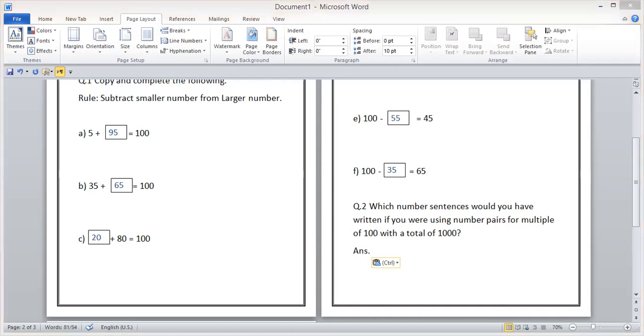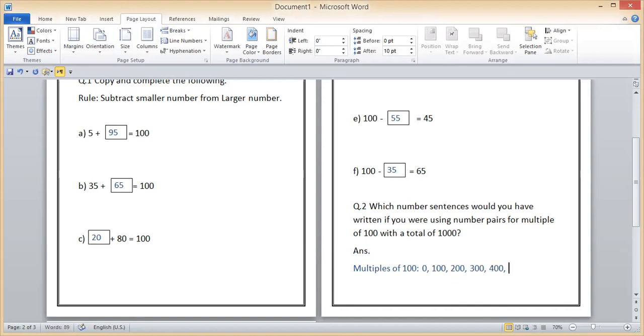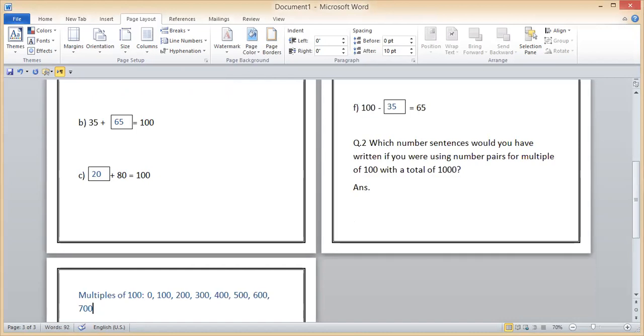Multiples of 100 are 0, then 0 plus 100, 100, 100 plus 100, 200, then 300, 400, 500, 600, 700, 800, and 900, and so on. It will continue.